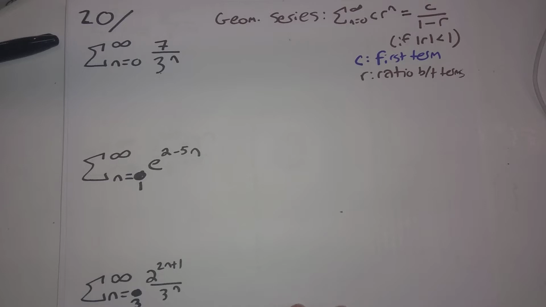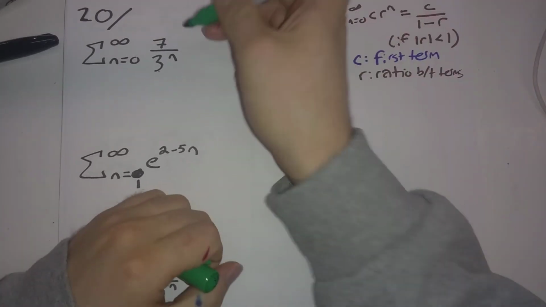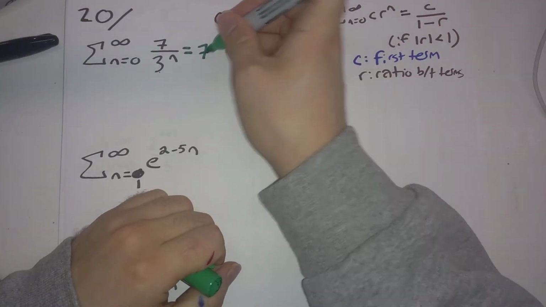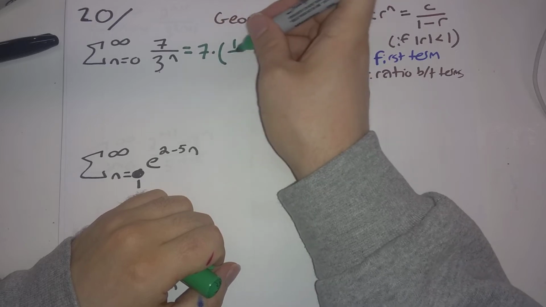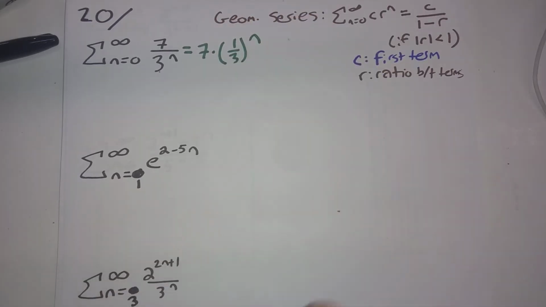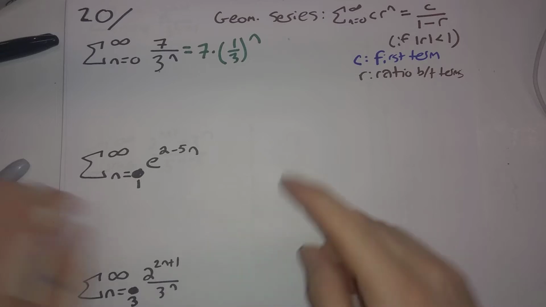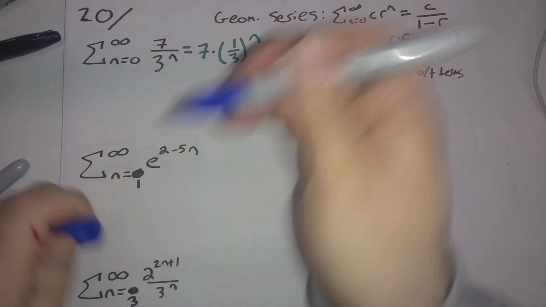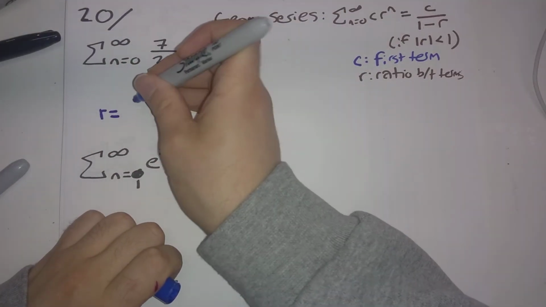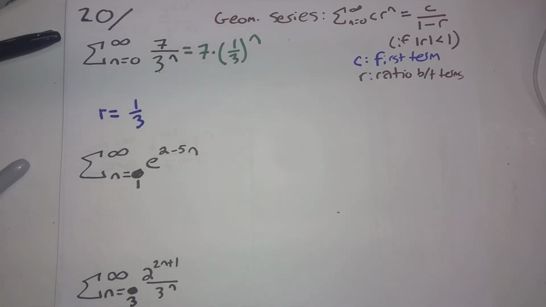Okay, first series, the sum of n from 0 to infinity of 7 divided by 3 to the n. We're going to rewrite this as 7 times 1/3 to the n. This very quickly allows us to see that r is equal to 1/3.